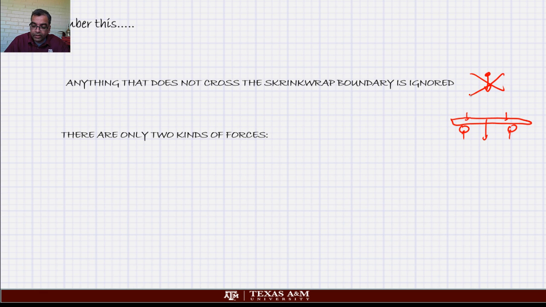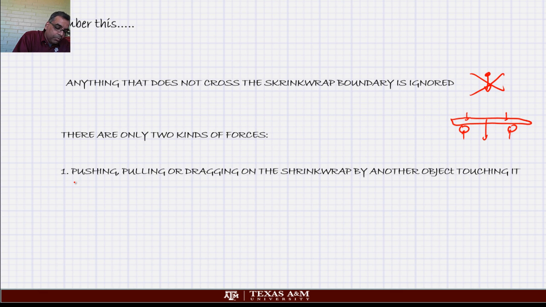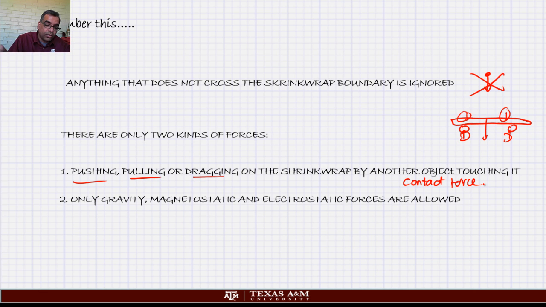What do I mean by two kinds of forces? First, push, pull, drag. These things are called contact forces. The other one, if it is not a contact force, the only other forces that are there are gravity, magnetism and electrostatics.